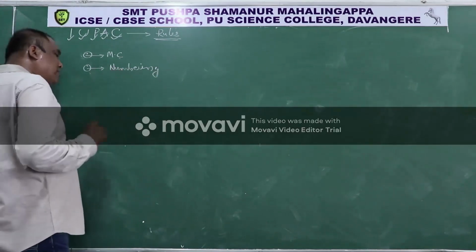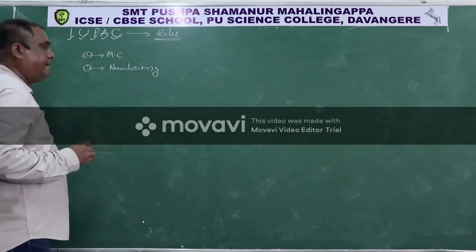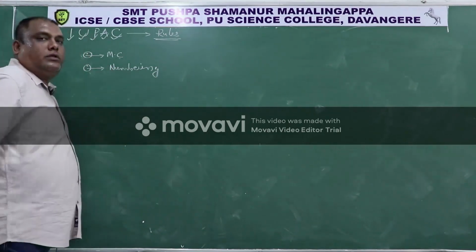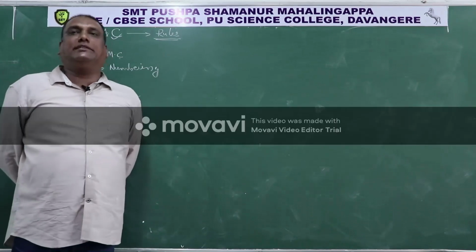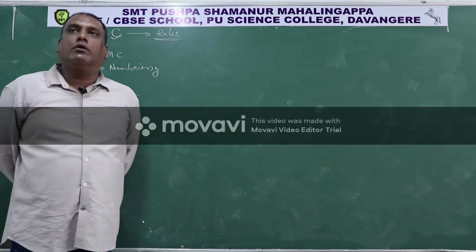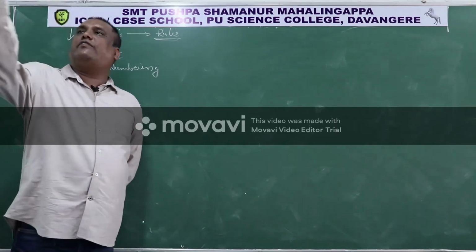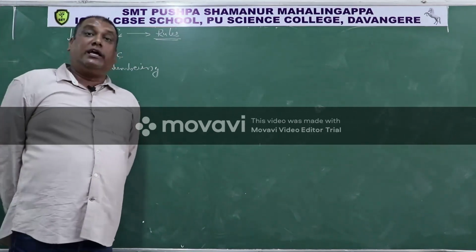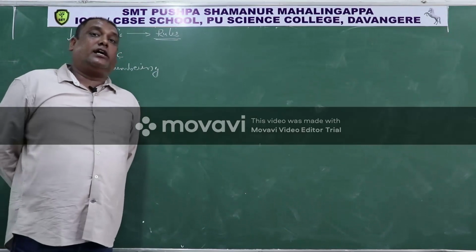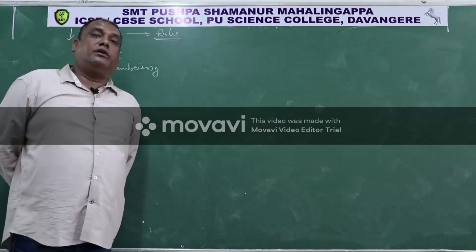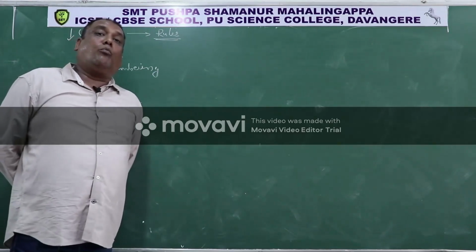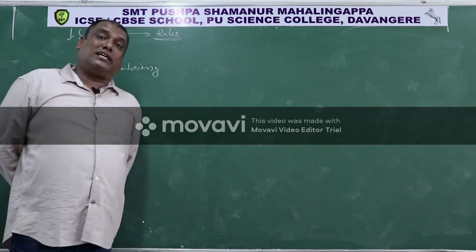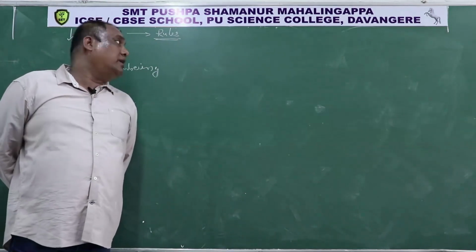How do you give numbers to this? Numbering is done like this. We should give numbers to the different carbons as 1, 2, 3, 4, 5 in such a way that the carbon to which the group of high priority is attached should get the lowest number.